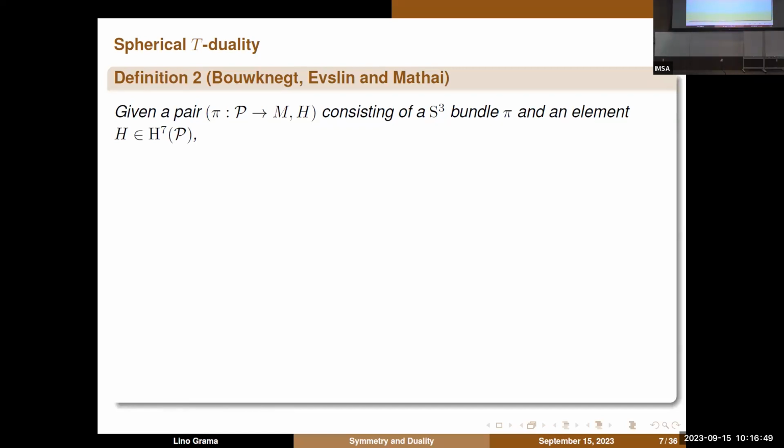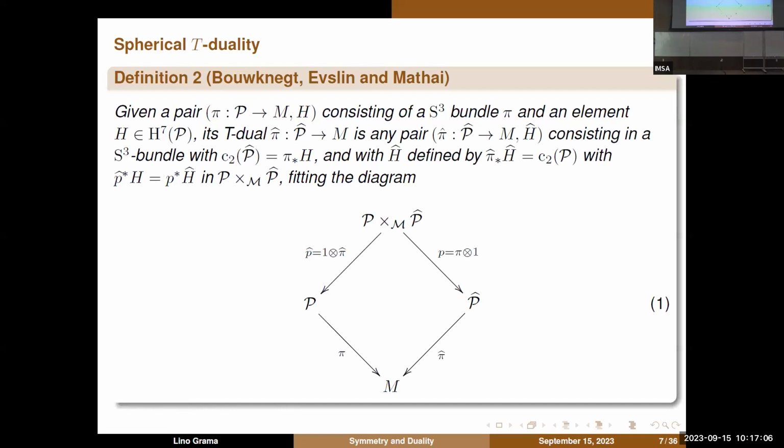And this is a sequence of papers of Bouwknegt, Evslin, and Mathai. And we start with the S3 bundle. And then now our H flux will be an element of H7, the seventh cohomology. And the dual will be another S3 bundle.